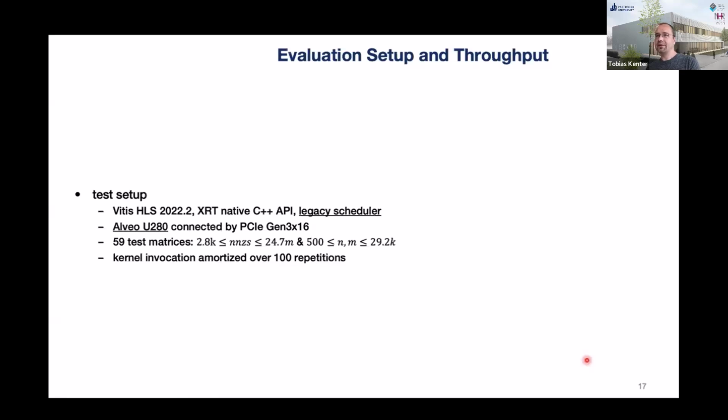We have evaluated the design with 59 test matrices, ranging from around 3,000 to 25 million non-zero entries, and from dimensions n and m between 500 and 30,000, which is the upper limit of this design, this bitstream variant. And we have amortized the kernel invocation over 100 repetitions, exactly the same evaluation method as done with Serpens.